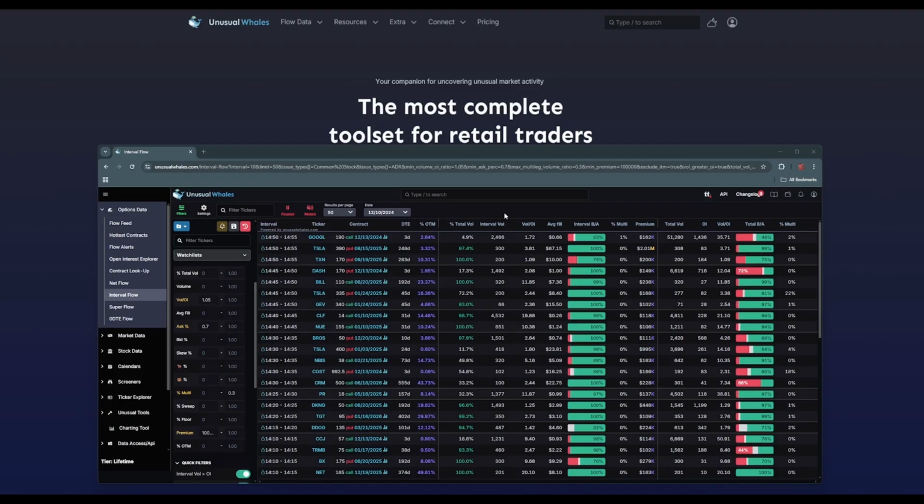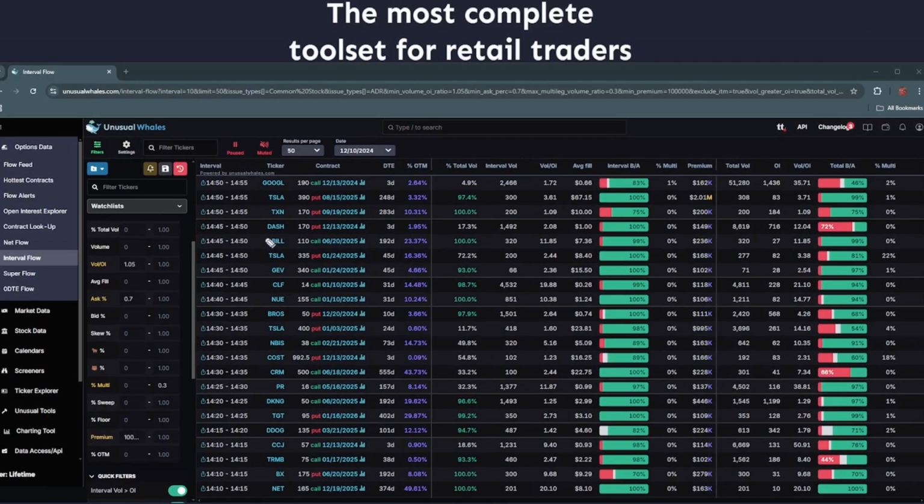And one thing I wanted to point out, just to be on the lookout for, are examples like this contract for Dash, the $170 put expiring on December 13th. Here we can see in the interval, we do have greater than 70% ask side transactions.